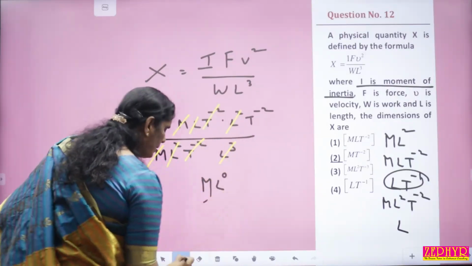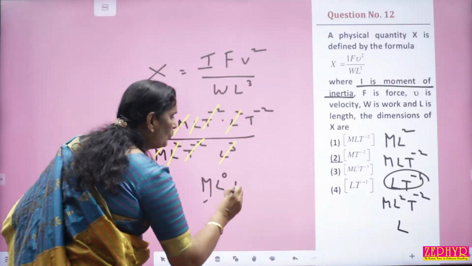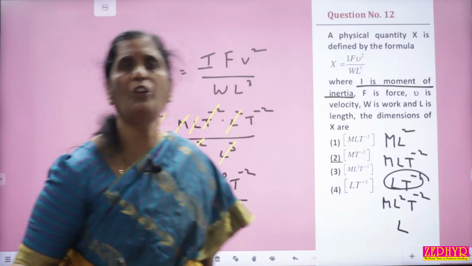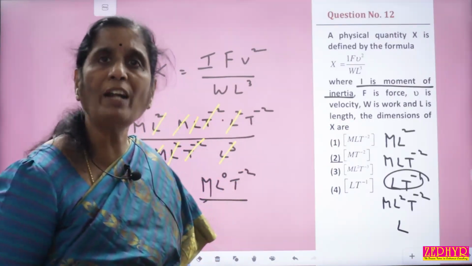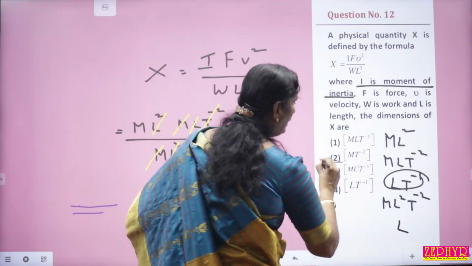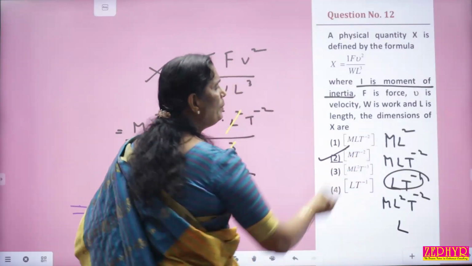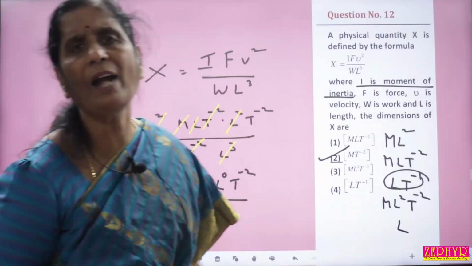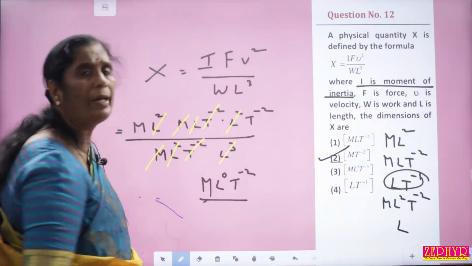Only this will be balance. So the balance will be again t square. So M power 1, L power 0, t power minus 2. 1 0 minus 2. So 2 can be taken as the answer. Simple. Only thing is we have to substitute all the values, but we have to do it a little bit fast.